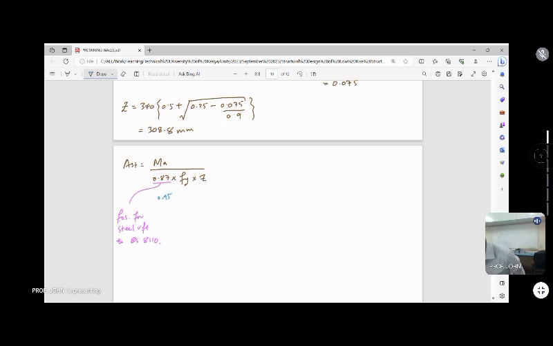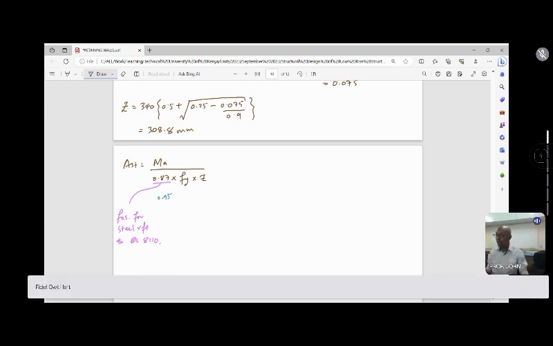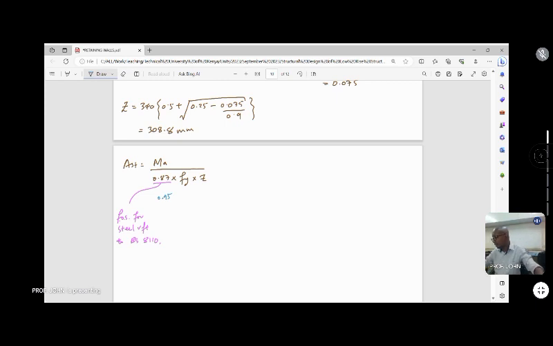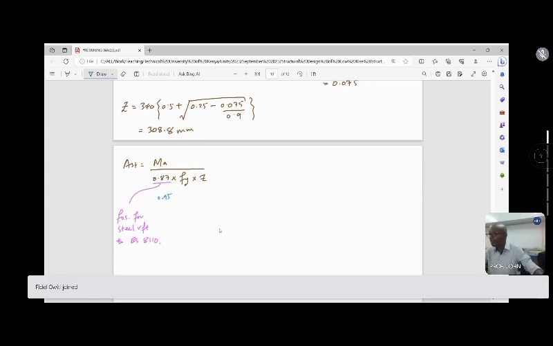So that's why I'm putting there 0.87. In the Eurocode, you find 0.95. In the later BS before it became obsolete, it was also 0.95. So I use 0.87.